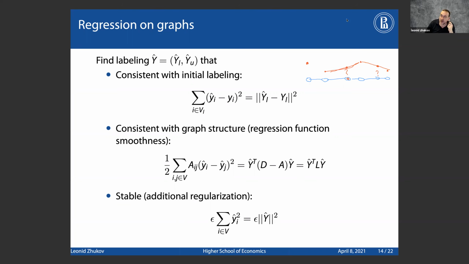Or if the values are, say, known right here and right here, and you want to predict the ones in between, maybe you want to run some smooth function through those nodes, and that's your values.